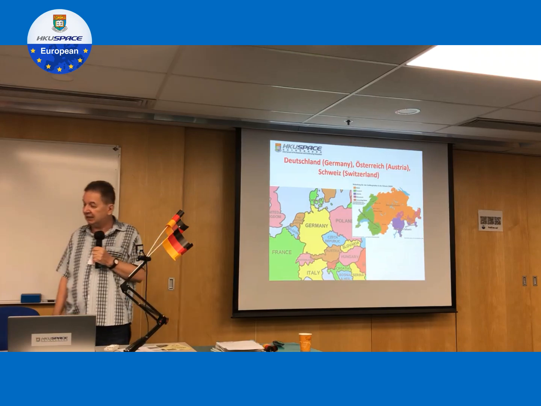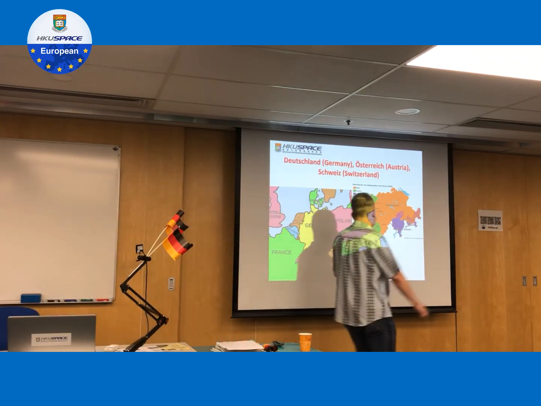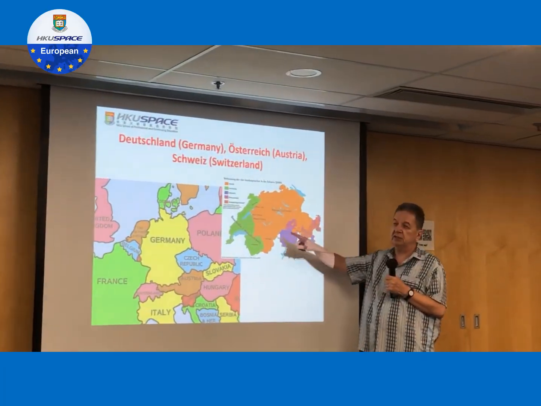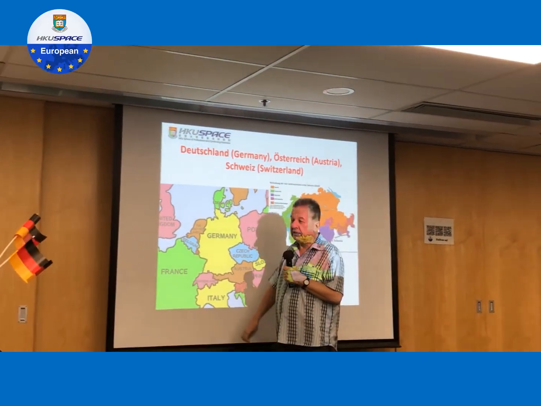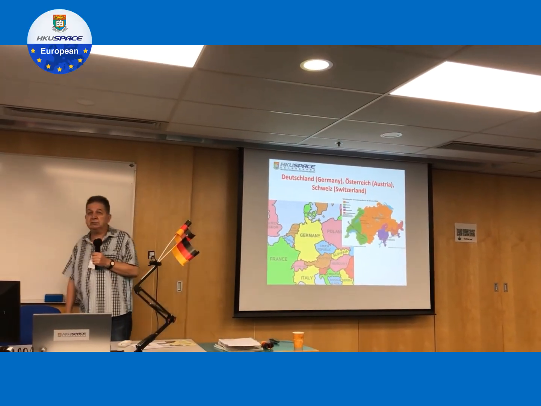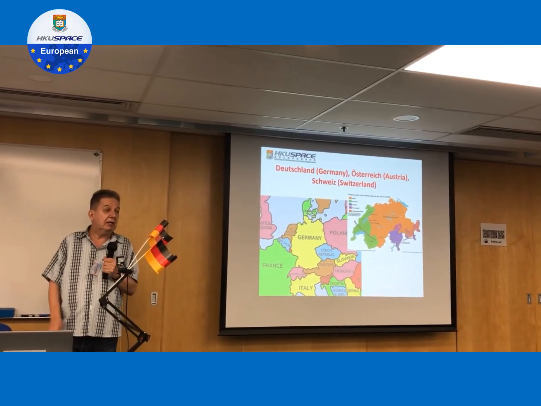And then there's a little language, we see the dark purple here. This language is unique to Switzerland, it's not spoken anywhere else. It's a little bit related to Italian, and Swiss people are very proud that they have such a special language.